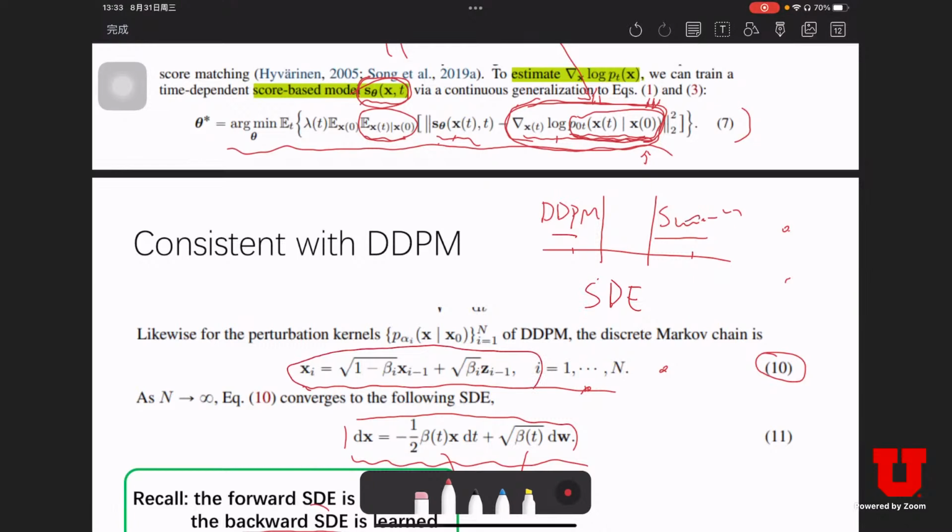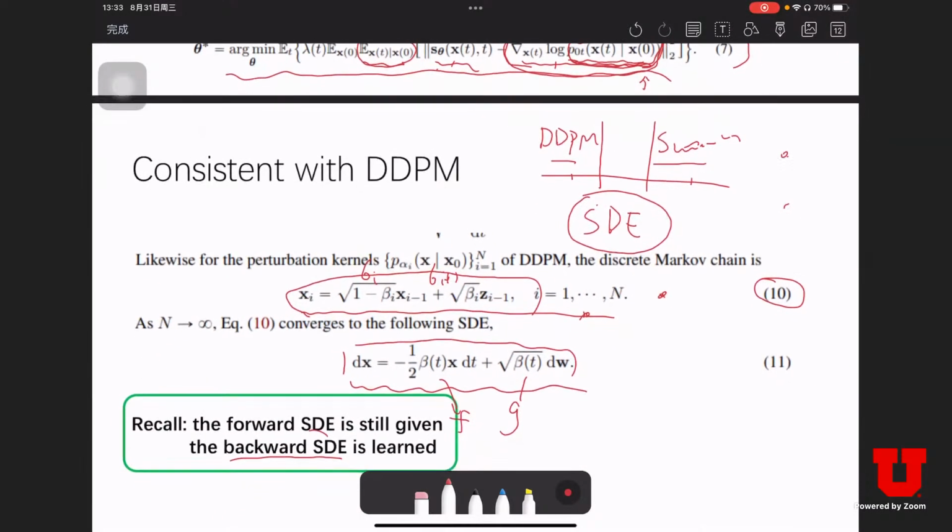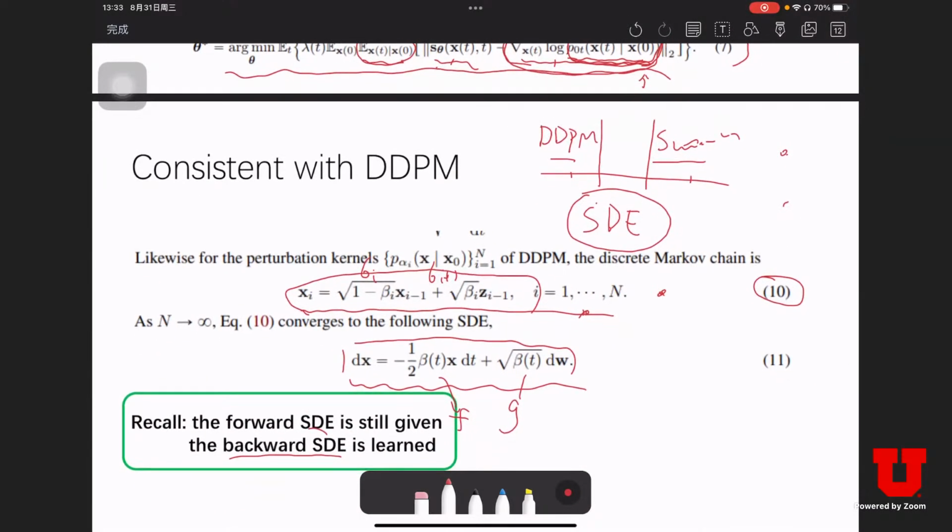Of course, in the score matching community, they can design the forward transition in other forms, like sigma_i minus 1 or something. But no matter how you design the forward transition, you can always find an SDE and use the SDE framework in the continuous setting to define DDPM and the score-based models.